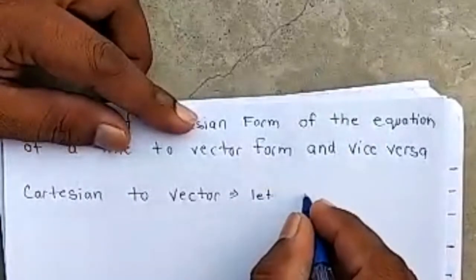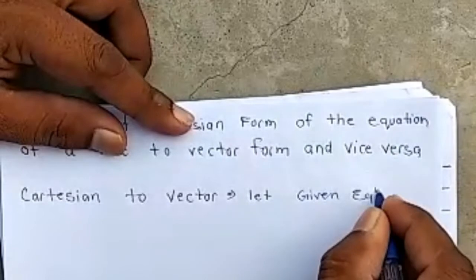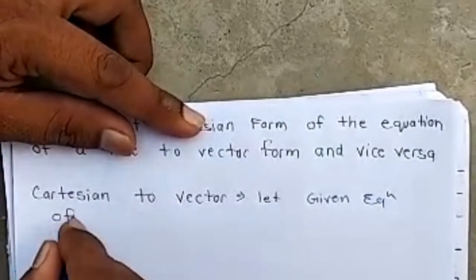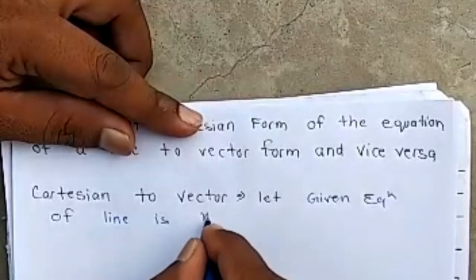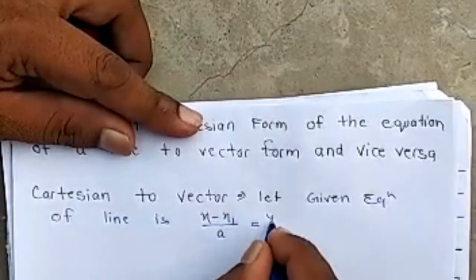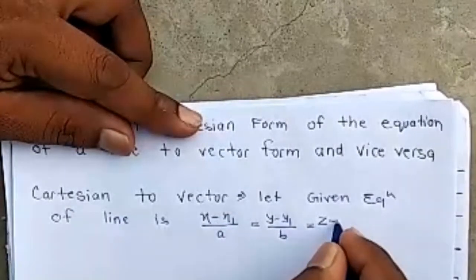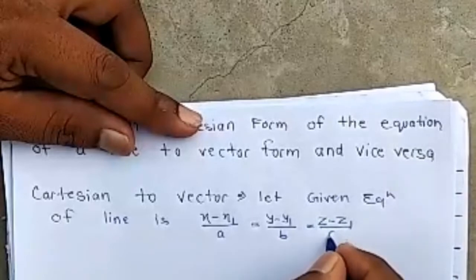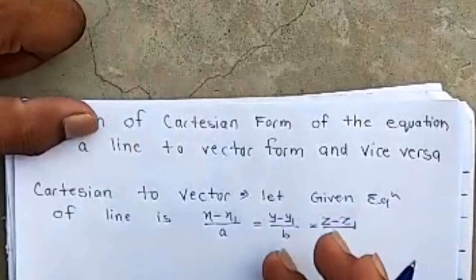Let the given equation of line be x minus x1 upon a equal y minus y1 upon b equal z minus z1 upon c, and we have to change this equation of line into vector form.